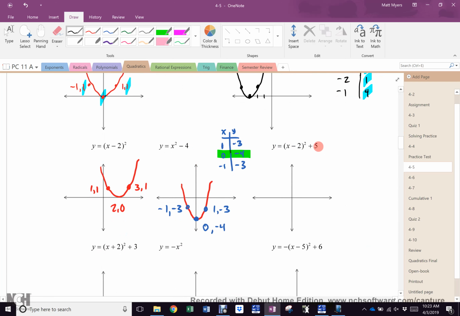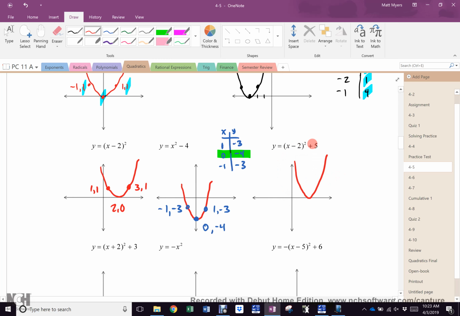Are both shifts on? Okay. So if this wasn't there and this wasn't there, I'd have this parabola, yes? But I have 2 shifts. What direction will that move the vertex? 2 to the right. Agreed? So it's going to go 2 to the right.